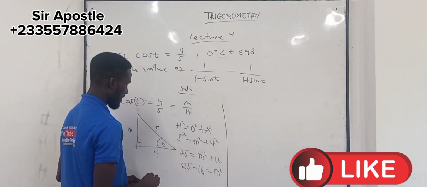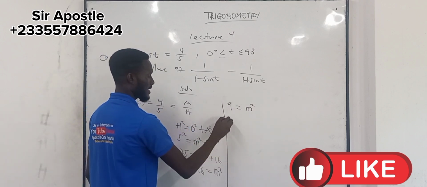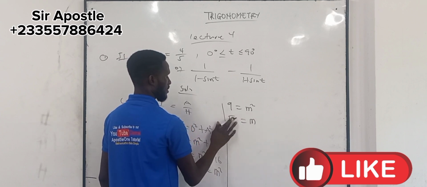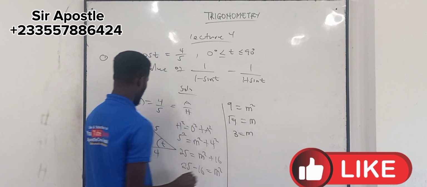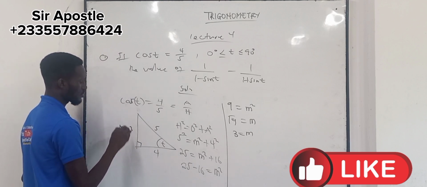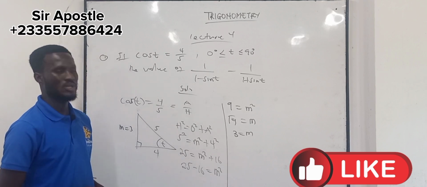Now 25 minus 16 gives us 9. So 9 is equal to m squared. As I said earlier, you find the square root of 9. So m will be equal to 3. So we have our m here to be equal to 3. It is necessary to go through this process. Don't skip any method.